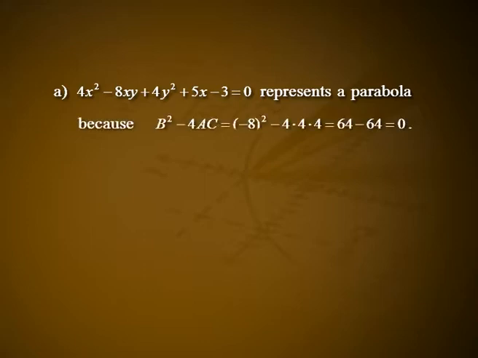Example 8. A. 4x square minus 8xy plus 4y square plus 5x minus 3 is equal to 0 represents a parabola because b square minus 4ac is equal to minus 8 square minus 4 into 4 into 4, which is equal to 64 minus 64, which is equal to 0.